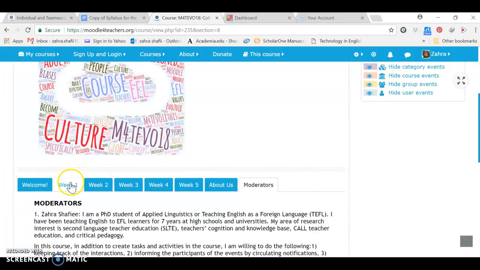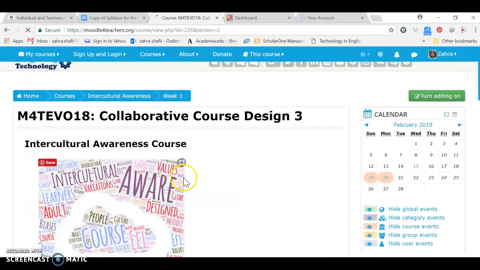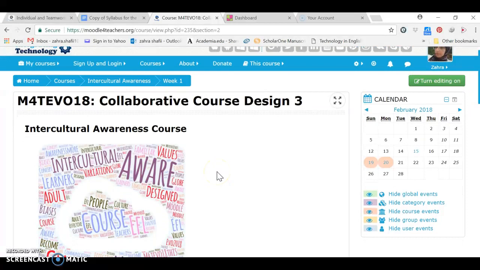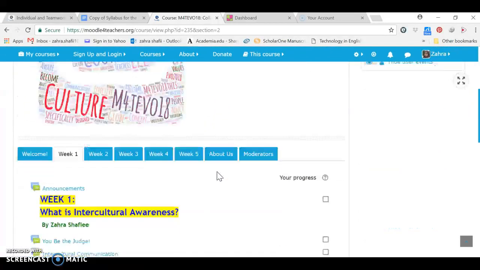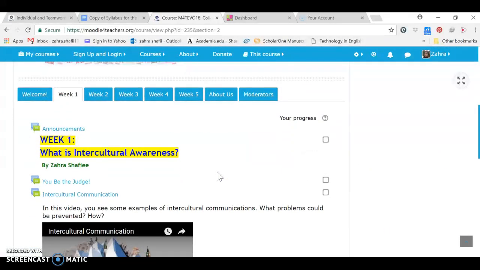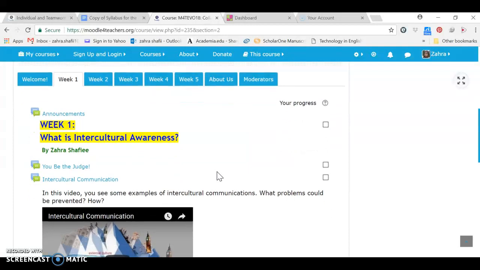But particularly, I have developed and designed week 1. Week 1 focuses on what is intercultural awareness? We will talk about meaning and concept of intercultural awareness through different activities.